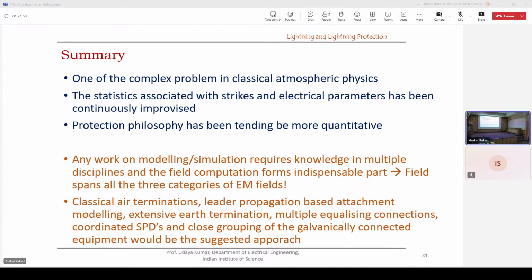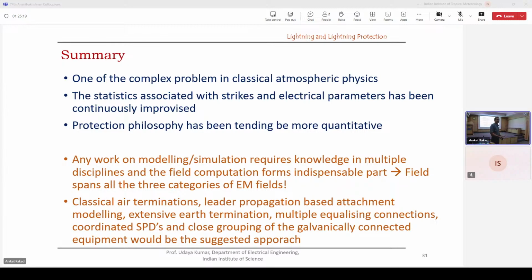Then over time, people have made measurements, except in this subcontinent, where we are lacking, so we have a better understanding of the phenomena. In fact, our present standards, whether elsewhere or in India, are actually taking data from Berger's measurements carried out on Mount San Salvatore in Switzerland.